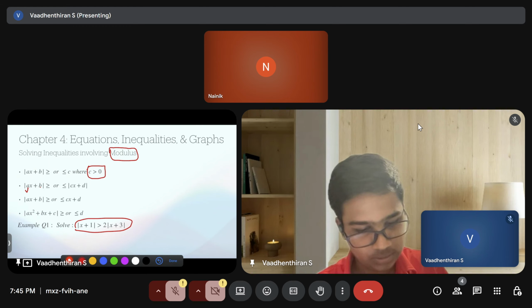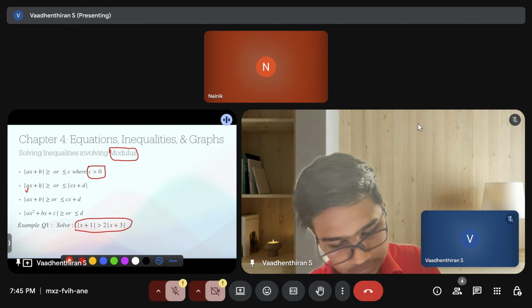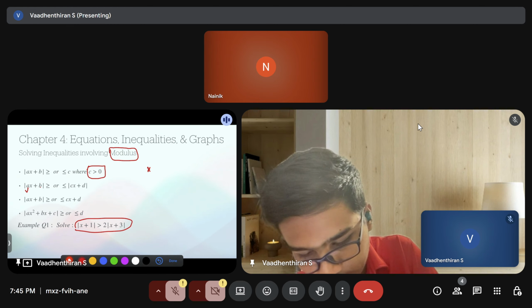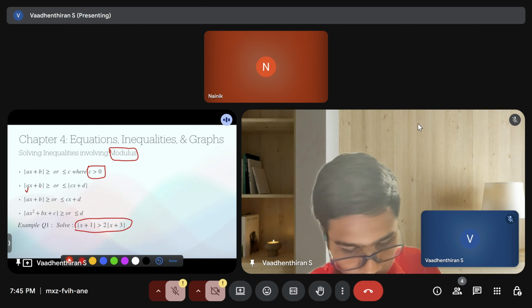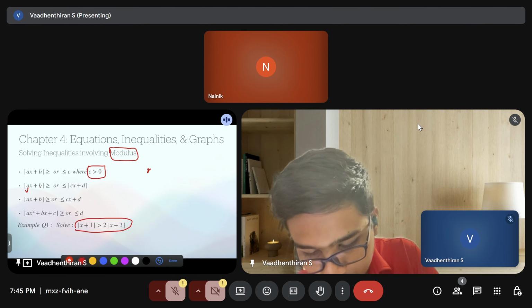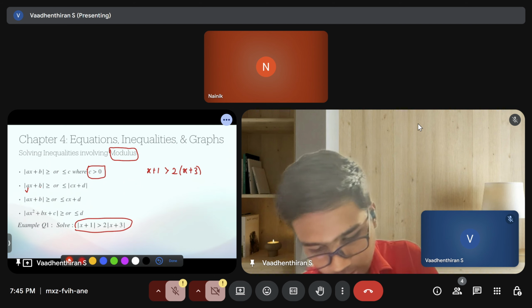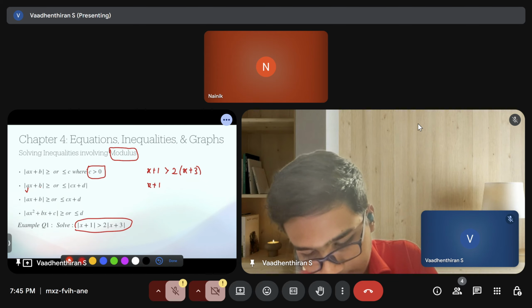Okay, so let's take this question. x plus 1. Yes, there should be four cases because there are two modulus here. First you can take x plus 1 greater than 2 times x plus 3, or you can take x plus 1 less than 2 times negative x negative 3.